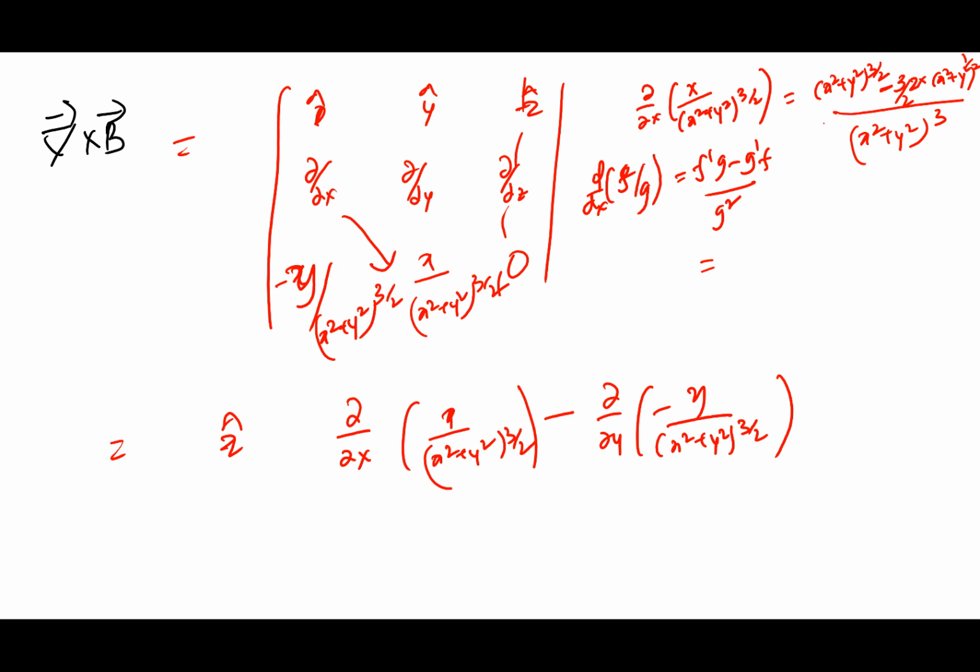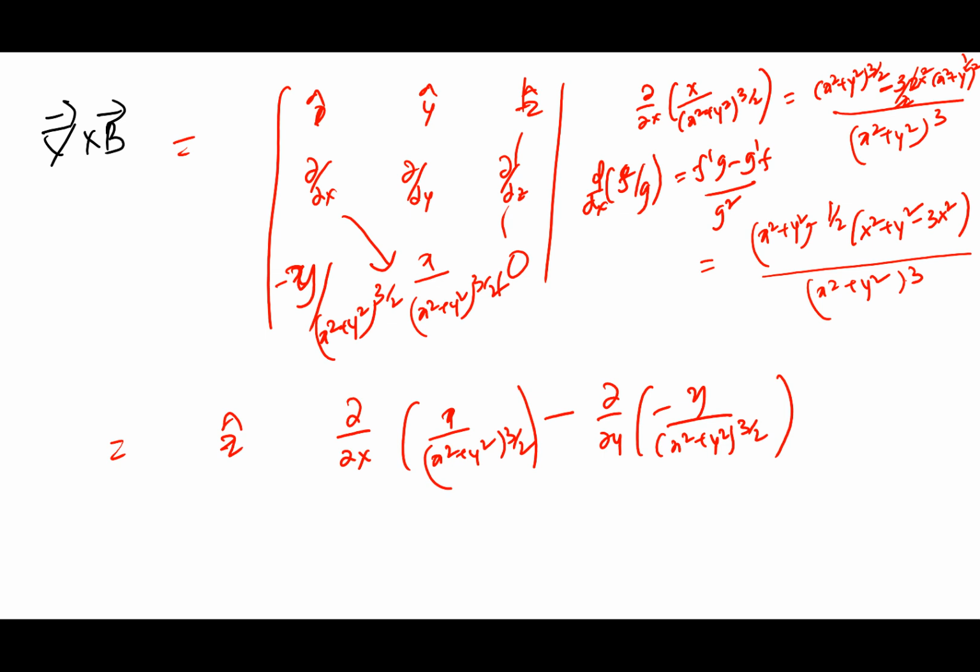So now if I pull out x squared plus y squared to the power half, then I would have x squared plus y squared minus, I would get a square here because f is x, so I would get minus 3x squared, right? And here I get x squared plus y squared whole cube, right?